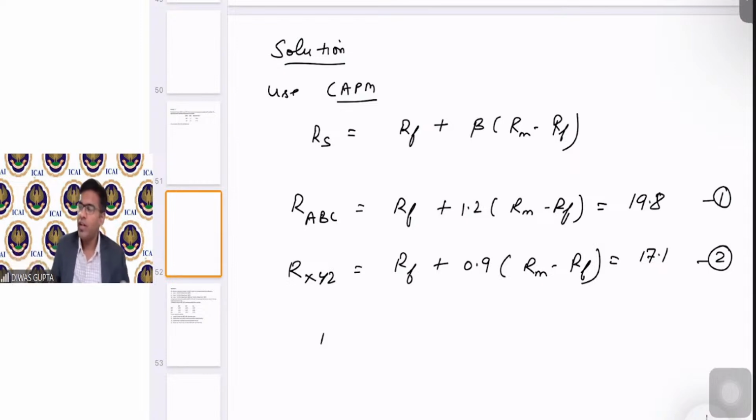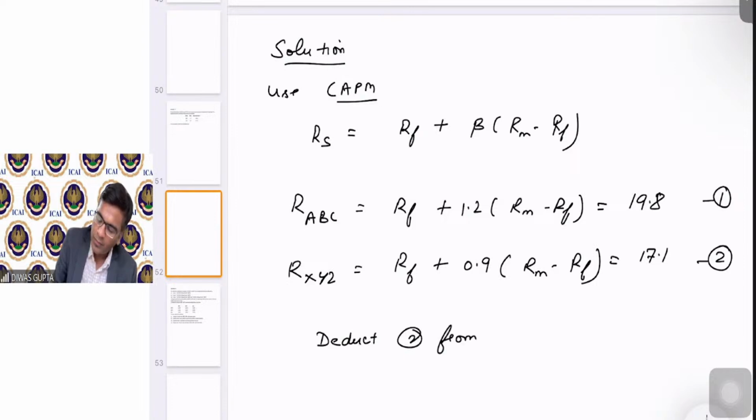So what we do is, let's say, deduct the second from the first. On the left-hand side and the RHS, we will reduce it simply.